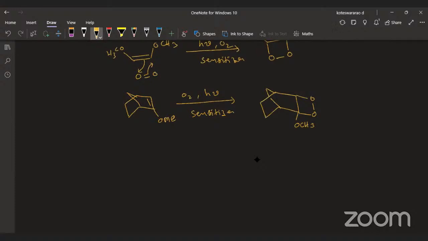That is called dioxetane. If you take indene or an indene derivative, which is also subjected to singlet oxygen addition in presence of sensitizer, then it leads to the formation of a simple adduct.